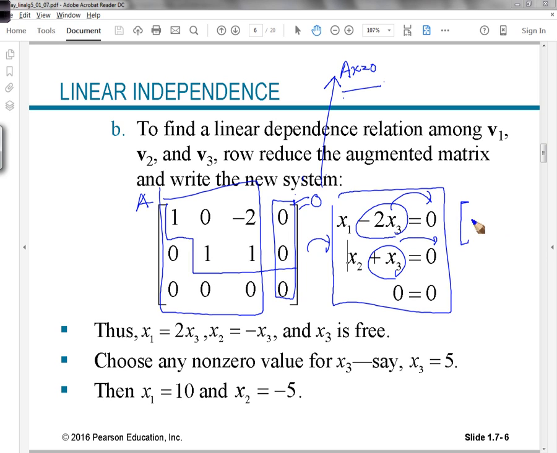Then we can construct vector x1, x2, and x3 in this form. So let's think about just a factored form of these guys. So it will be 2, and what would the value be here?